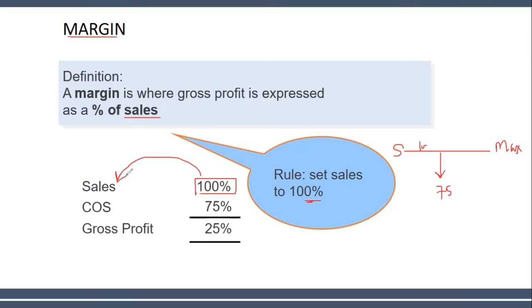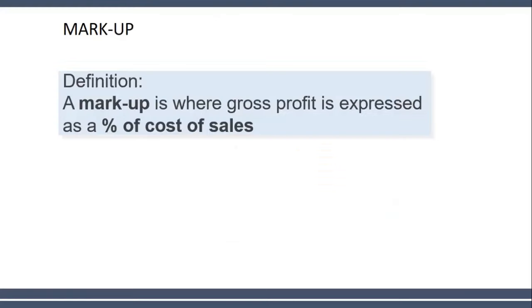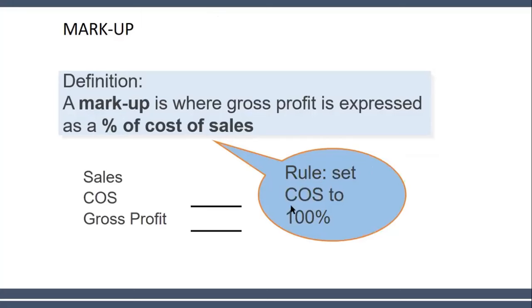Don't get worried. I will show you how it works. Just keep on watching what I am explaining, keep on listening, and then I will make a very good conclusion. So don't panic. So sales is 100%. Cost is less than 100%. In the case of markup, what happens? The rule is that you set cost to 100%.